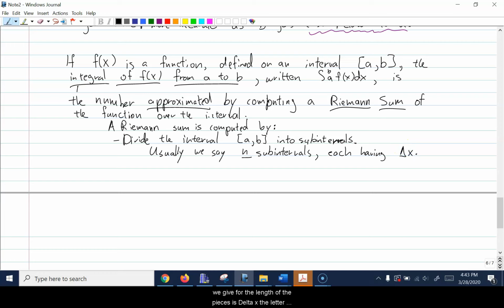The letter might not be x. The letter is whatever the input letter for our function is. For this definition, we'll say that that thing is x. So take that interval, cut it into pieces. For each piece, we need to choose a representative x value.